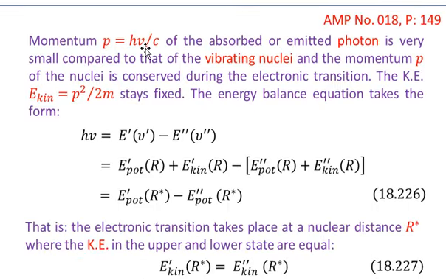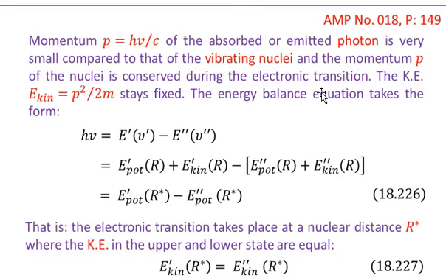The momentum p equal to h nu over c of the absorbed or emitted photon is very small compared to the vibrating molecule. Here we are comparing two momenta: one is that of the emitted or absorbed photon, with that of the nuclei. We are saying that the momentum of the absorbed or emitted photon is very small compared to that of the vibrating nuclei, and the momentum p of the nuclei is conserved during electronic transitions.